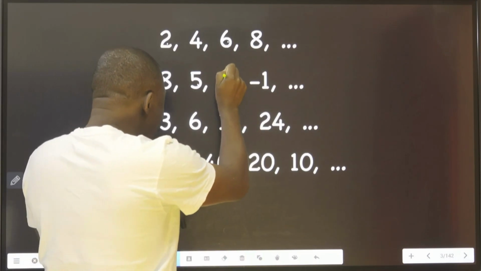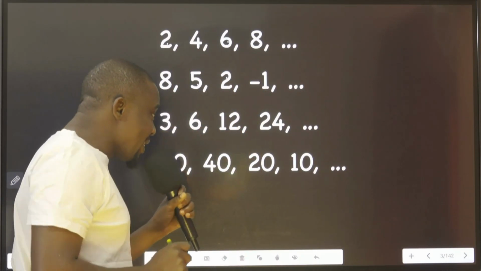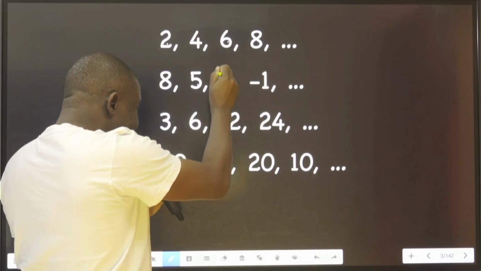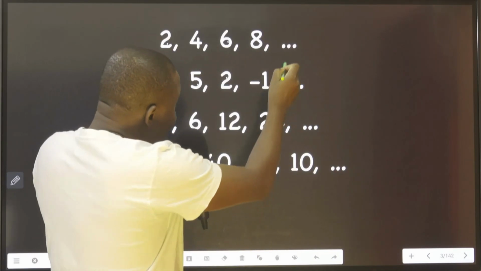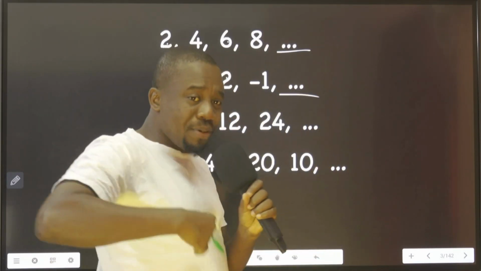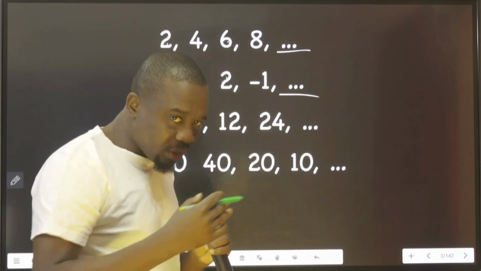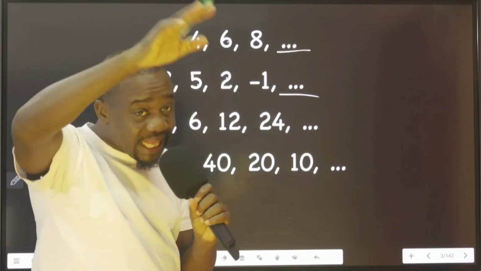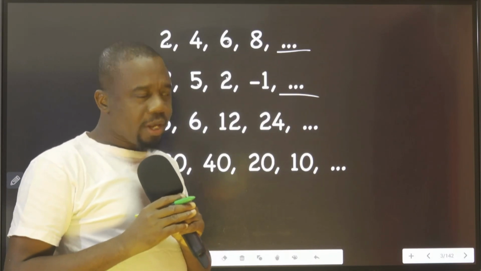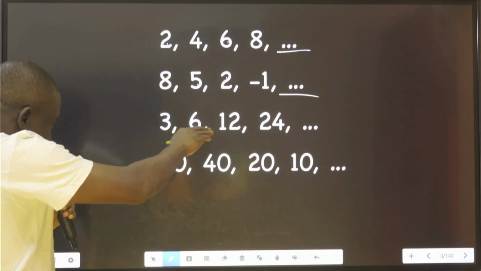The same thing. To get this, you subtract 3 from this. To get this, you subtract 3 from this, to have -1. The dots you are seeing here represent continuation. In case you want to continue, you can continue indefinitely. Okay?